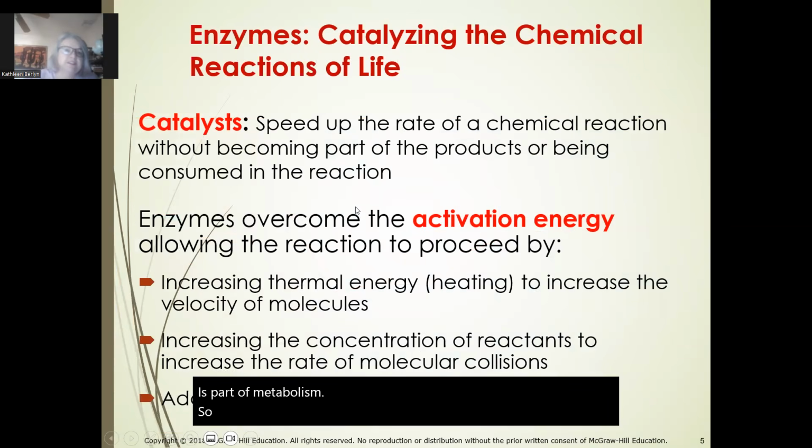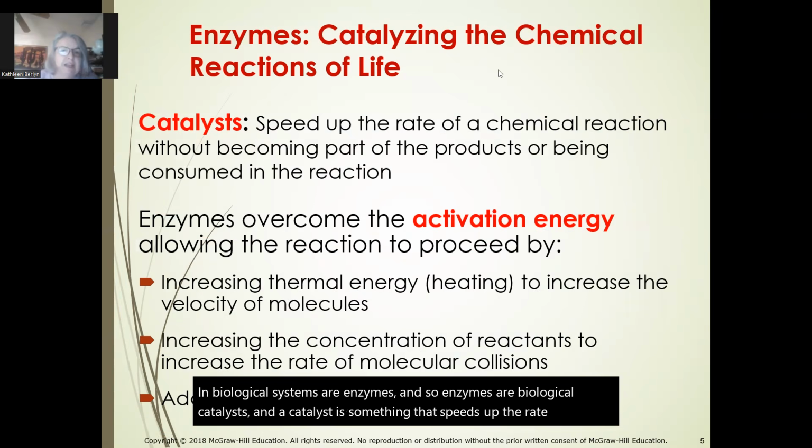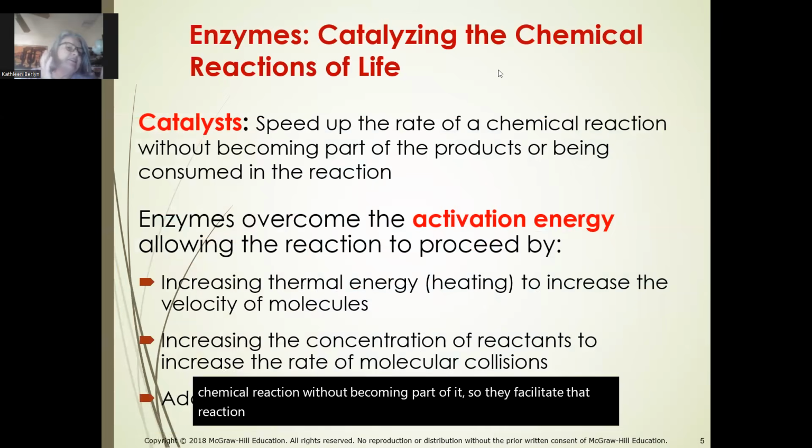So, in order to facilitate these reactions, we need to use catalysts. And catalysts in biological systems are enzymes. So enzymes are biological catalysts, and a catalyst is something that speeds up the rate of a chemical reaction without becoming part of it. So they facilitate that reaction. I kind of think of it like a matchmaker, right?